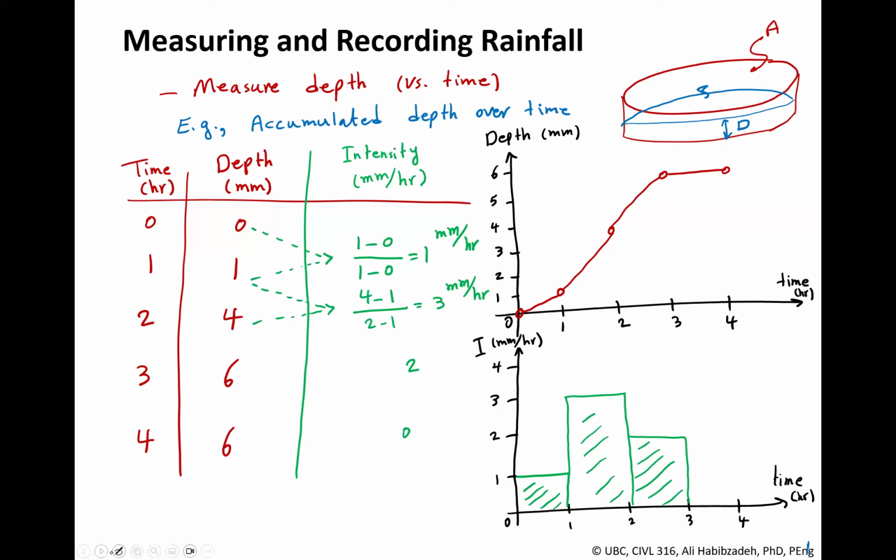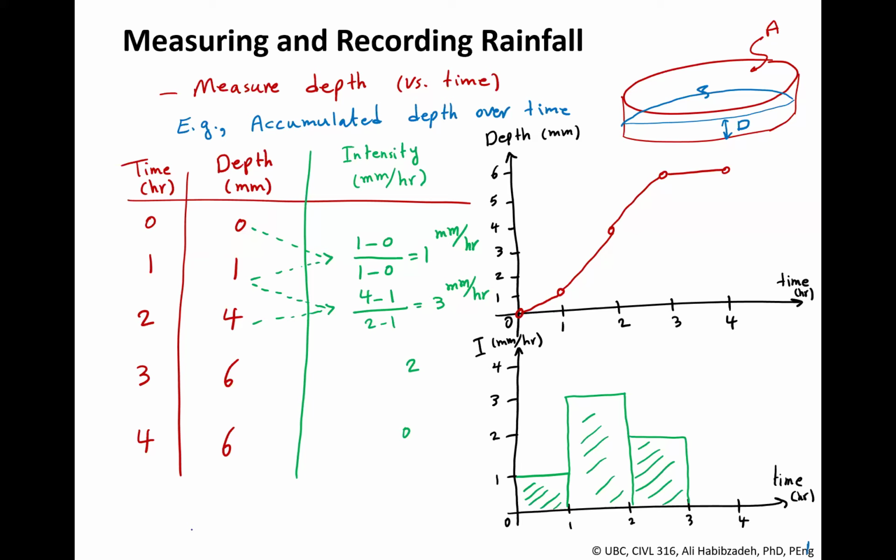Now, just like what we did, and you noted that, we calculated intensity using depth. And the way we did it is we looked at differences divided by duration of time. That's kind of a gradient or difference calculation, which in calculus, we also call differentiation.